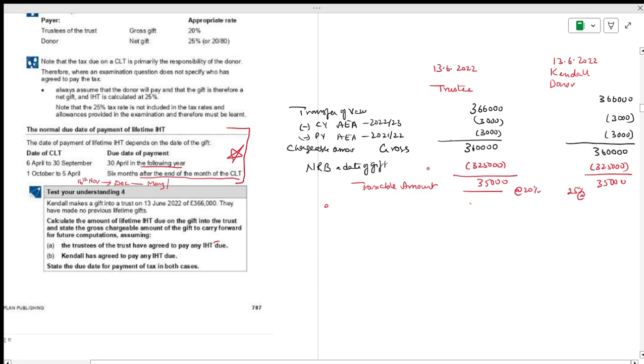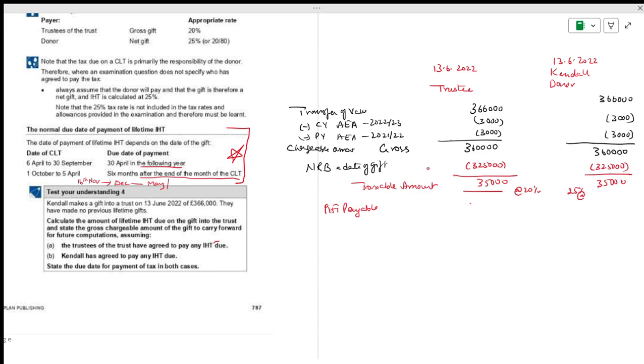And also we need to convert that from net gift to gross gift. For the donor, it will be converted from the net gift to the gross gift, right? How much is the net gift you are having? See, listen, I will tell.